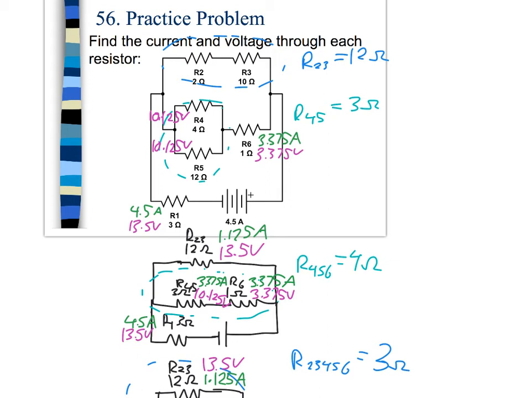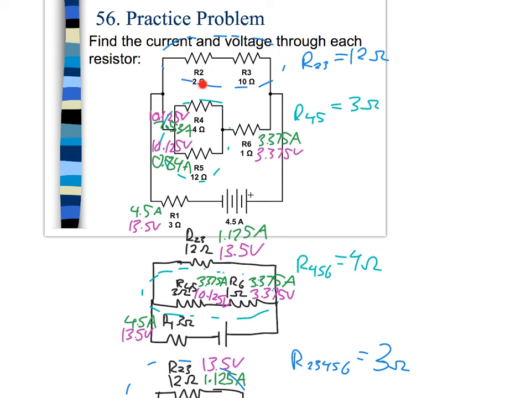And then we can solve for the current on each one. So the current through R4 using Ohm's law is going to end up being 2.53 amps, and the current that we get using Ohm's law once again for R5 is going to be 0.84 amps.